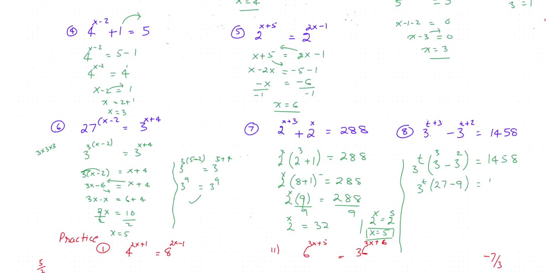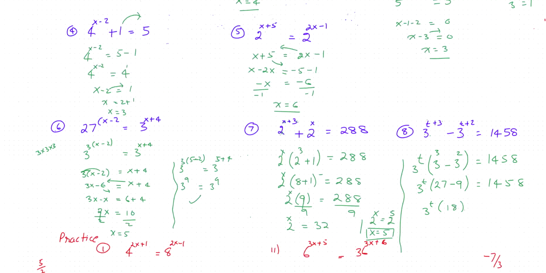So 3 to the power t, 27 minus 9 equals 18, equals 1458.